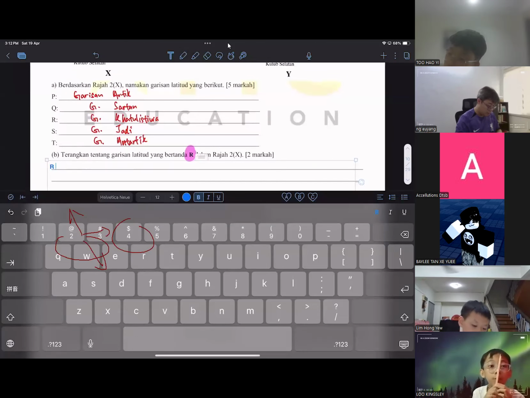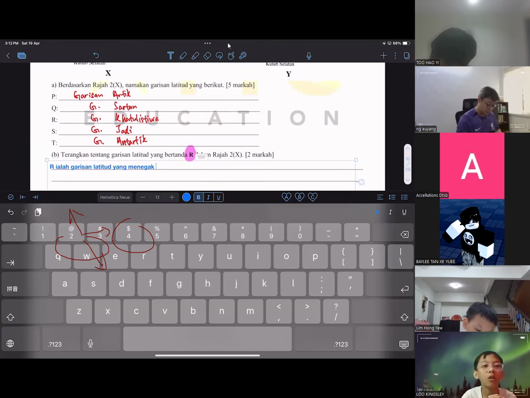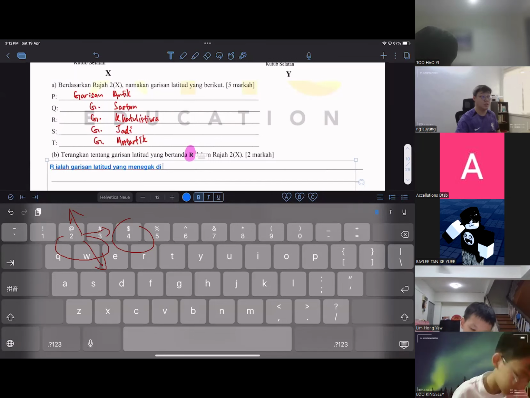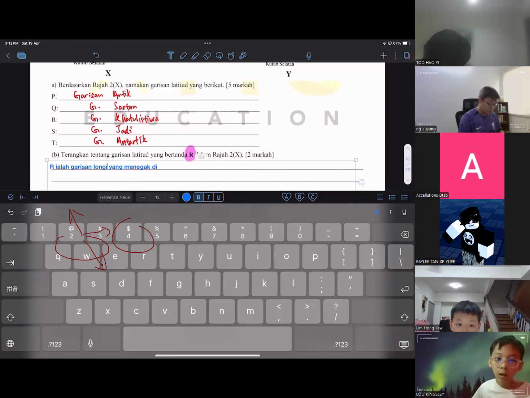R ialah garisan latitude yang menegak di permukaan bumi, right? This is your longitude. So it's not latitude, sorry. Menegak supposed to be longitude.